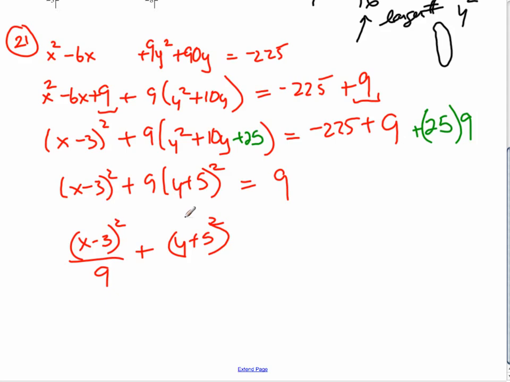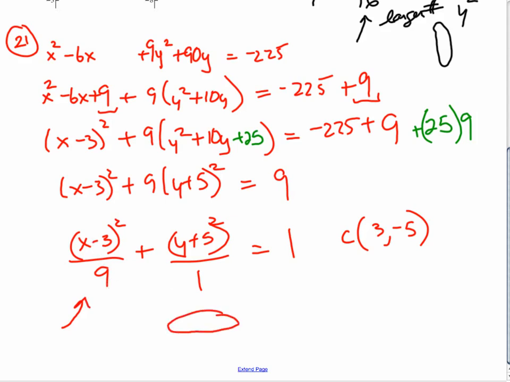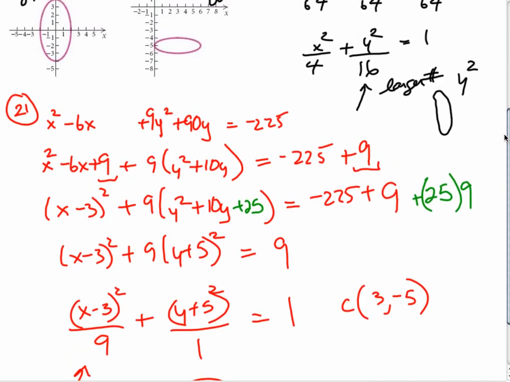When I divide this by 9, the 9's will cancel, leaving 1 on the bottom. Divide this by 9, you get 1. So the center of my ellipse will be at 3, minus 5. Notice how the signs switch there. Also, the one with the larger number under it means it's an ellipse on its end.